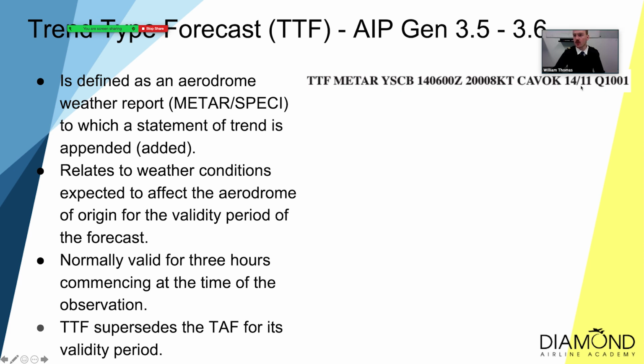Temperature 14 degrees, dew point temperature 11 degrees, QNH 1001 hectopascals. So we've got TTF here, and it was issued at 0600 Zulu. If we add 3 hours, that brings the validity period from 0600 Zulu all the way through until 0900 Zulu.